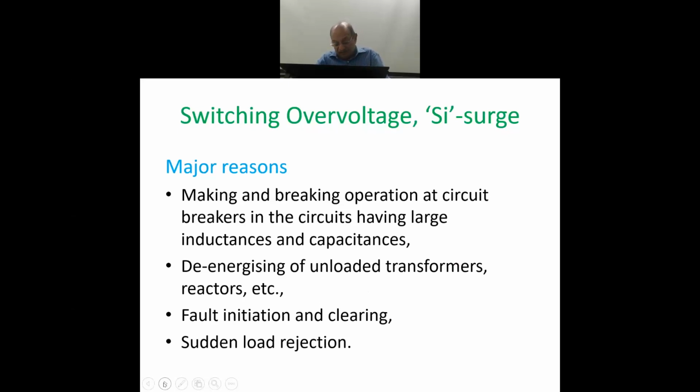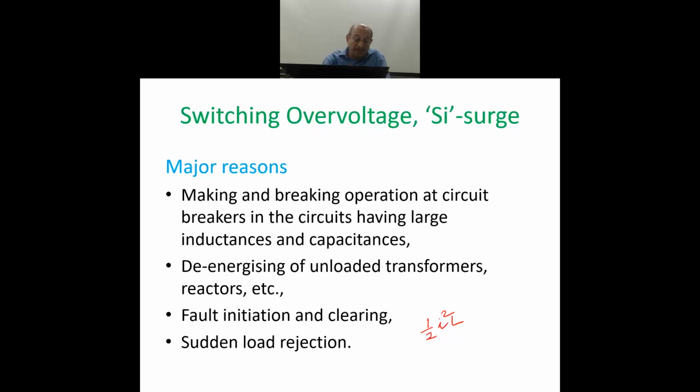For example, when 100 times more current is flowing than the normal current, there is always some energy stored in the inductance. What is that energy? You must have learned: half L i squared, with i being the instantaneous value of the current. So this is the energy stored in any inductor, and this energy lies there for some time duration.